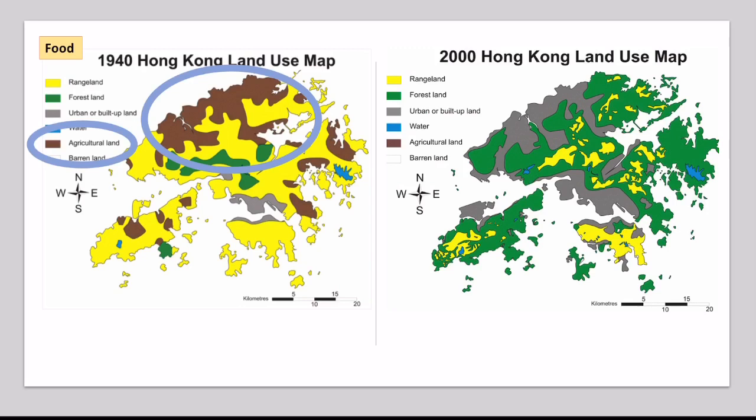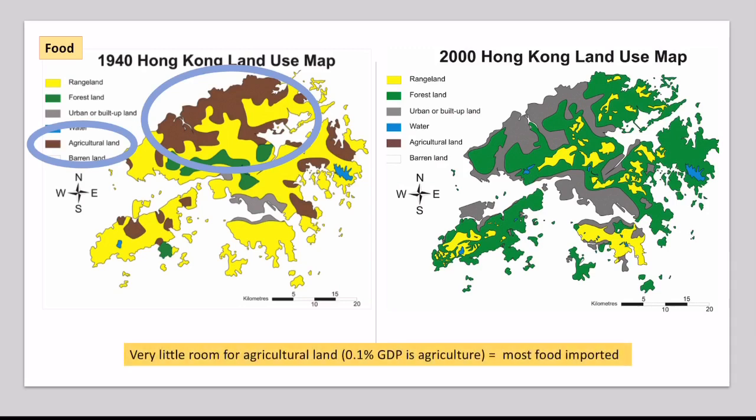However, by the 2000s and into the 2020s, there is very little room for agricultural land. It makes up very little of the GDP, and so most of the food will be imported again from places like China. So we can see that there is a real reliance from Hong Kong on lots of its needs of energy and water and food that have to be imported from China.